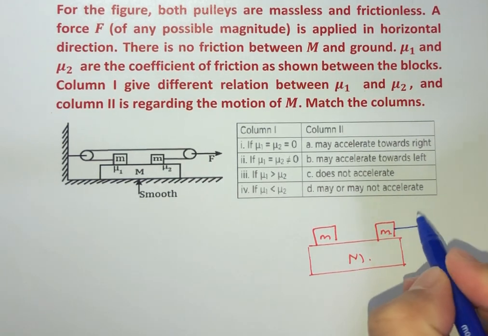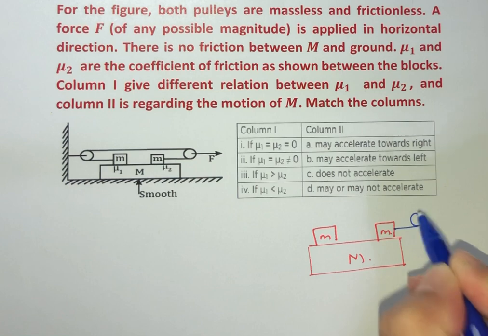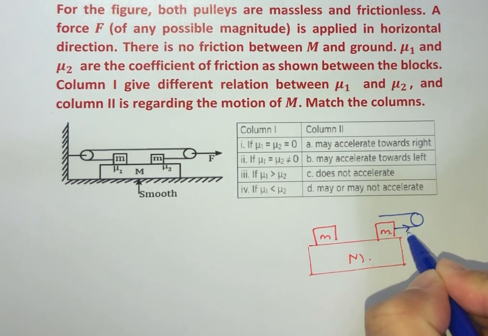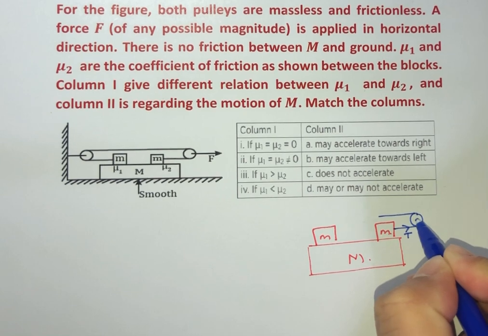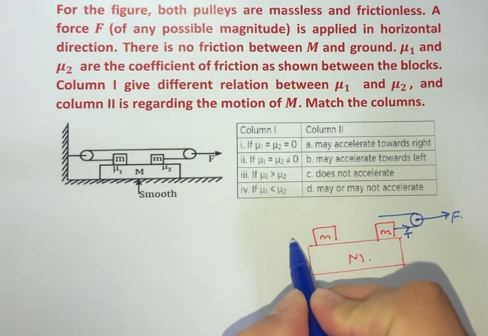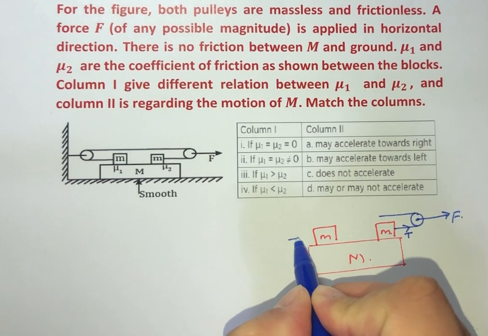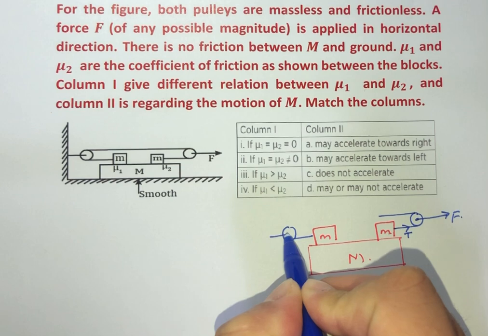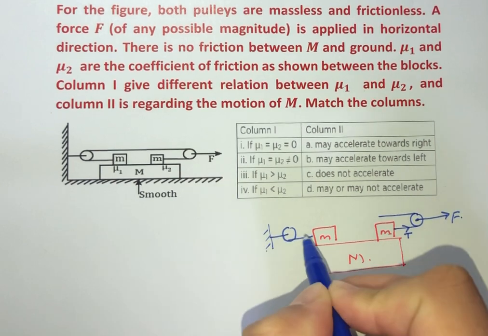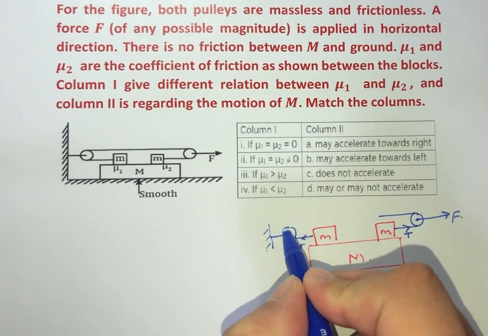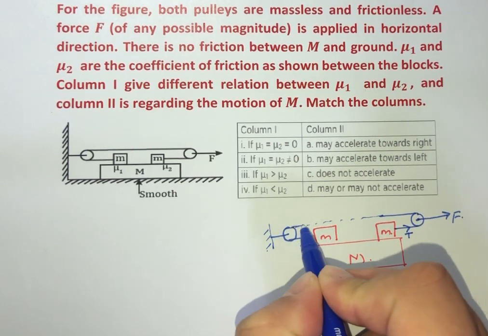With the help of a string, it is connected. So there will be a tension T here. Force F is being applied in this direction, and there will be tension T here also, as it is a single string.